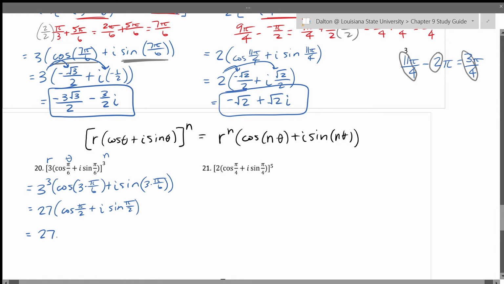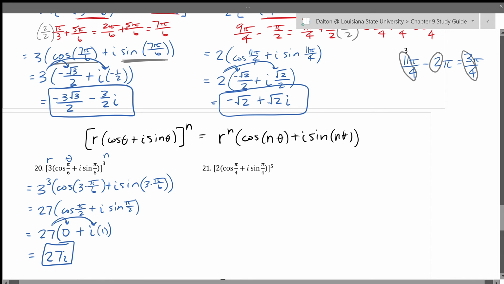So I'm going to have 27 times the cosine of pi over 2, the x value at pi over 2. That is a vertical line, so that x value is 0. Plus i times the sine at that point, the y value is 1. And then this 27 distributes to both of those. Well, 27 times 0 is just 0. And then 27 times i is 27i. And then that's our final answer.